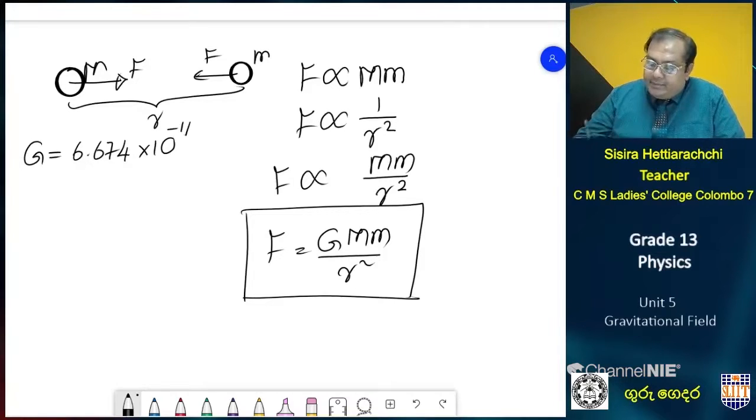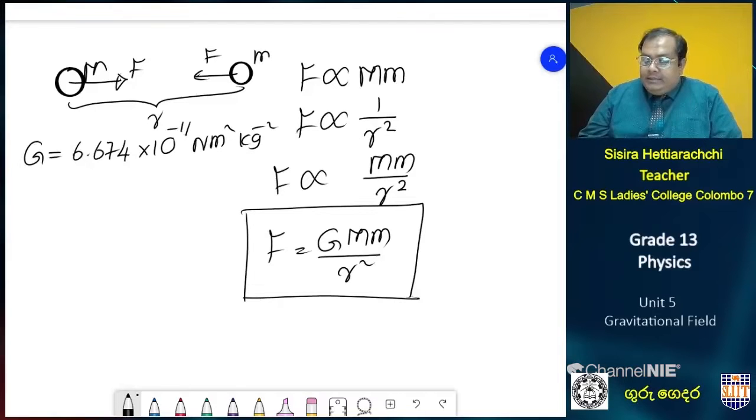You can derive the units: Newton square meters per kg squared. This is the gravitational constant. So F is the force, G is the universal gravitational constant, capital M and small m are the masses, both should be point masses, and r is the distance between the centers of gravities of the masses. This is the first formula we have to learn.